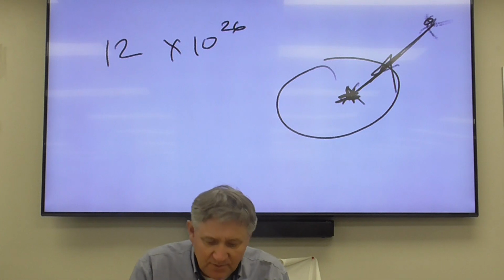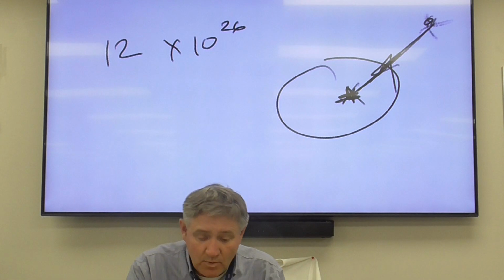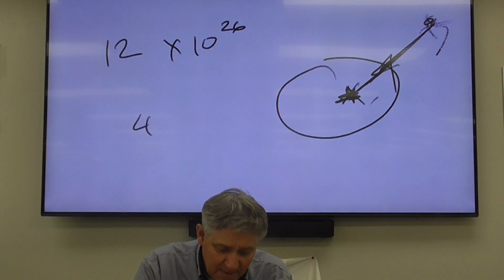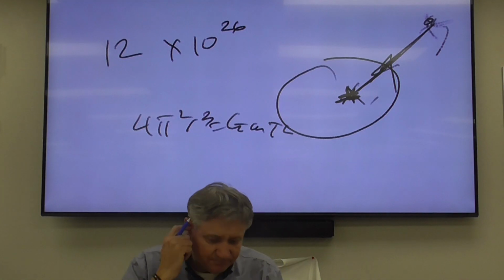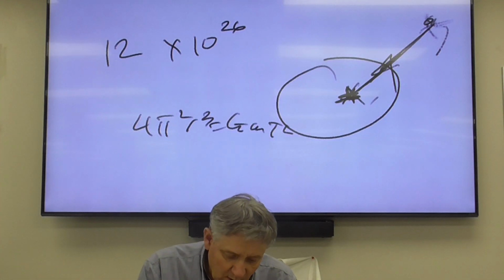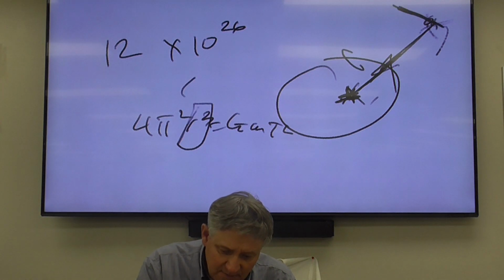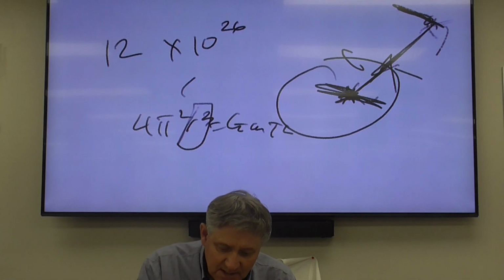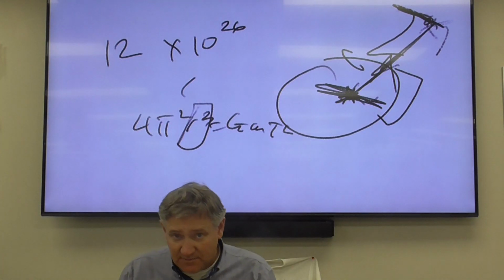What I'm asking you for is how far above the Earth this thing is. So when you get the radius from 4 pi squared r cubed equaling big G m T squared, once you find that radius, that's from the center of the satellite to the center of the Earth. To get what you want, you subtract out the radius of the Earth.